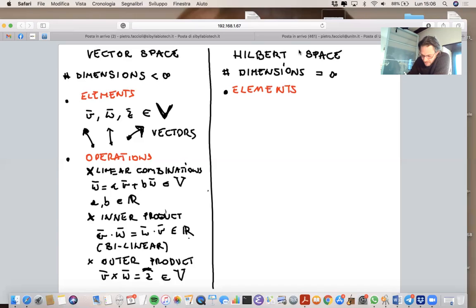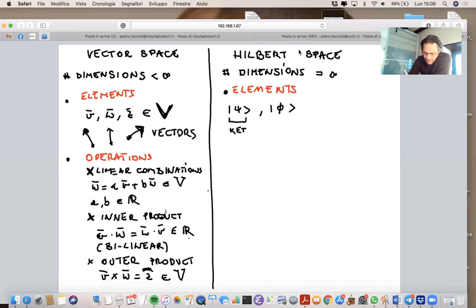The elements are denoted with a different symbol, which is this. This is called a ket symbol, for reasons that will become clear later.